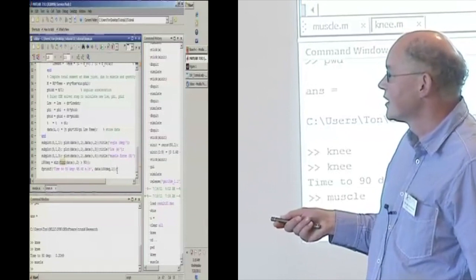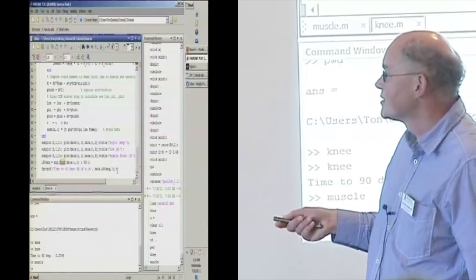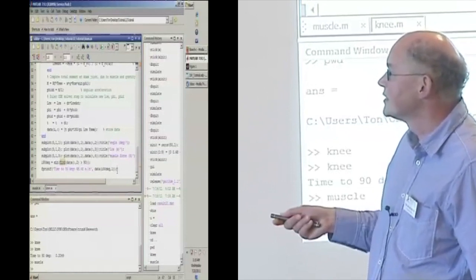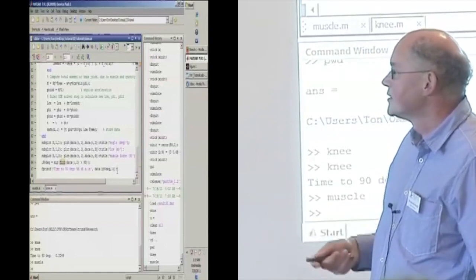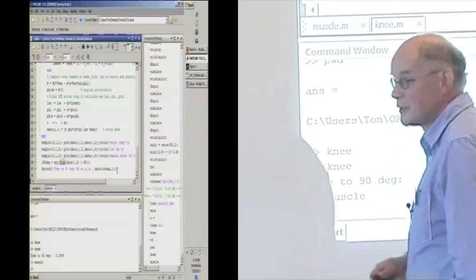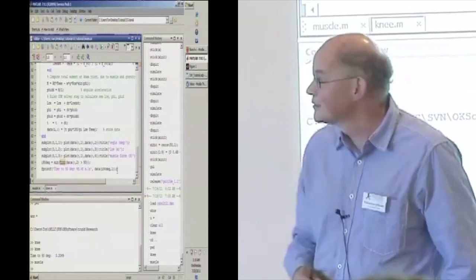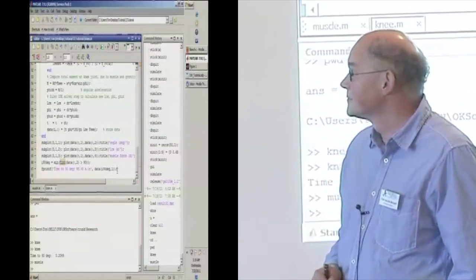The angles are in column 2 of the data matrix, and the times are in column 1. You see that here, time and angle. So you type those 2 lines, and when you run the program, it will tell you how long it took to reach 90 degrees.